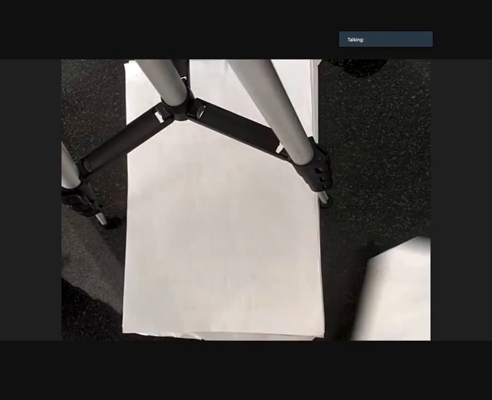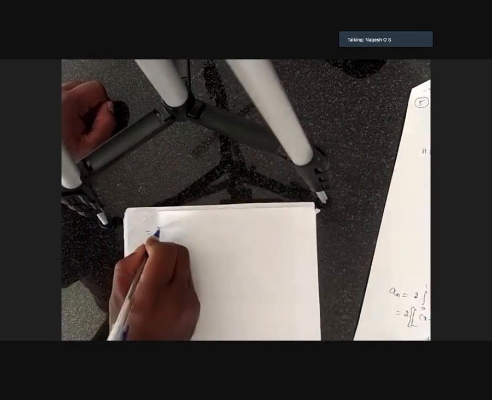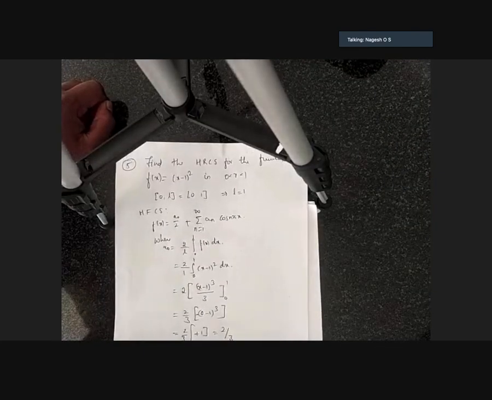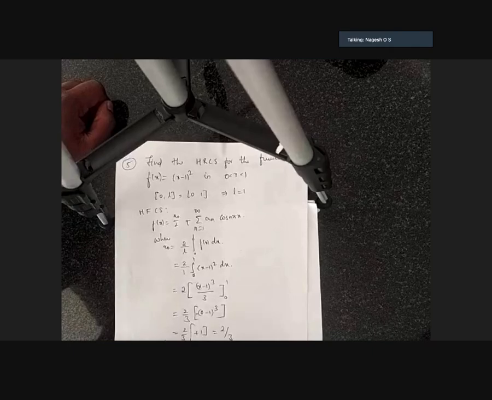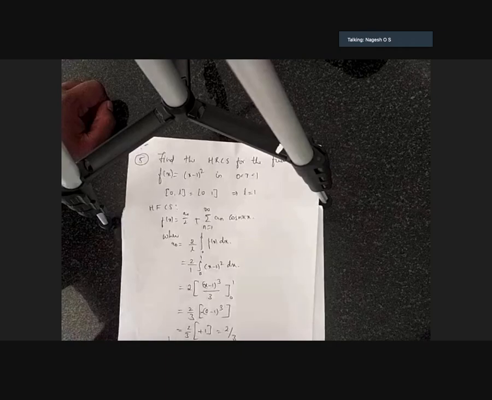Now we'll substitute the limits. For this, if you substitute x as 1, sin n pi is 0, and for the lower limit 0, sin 0 is 0, so for both it will be 0.